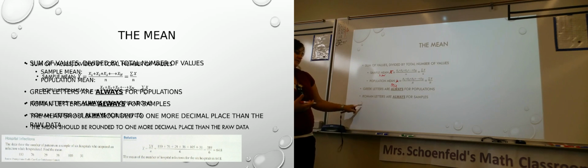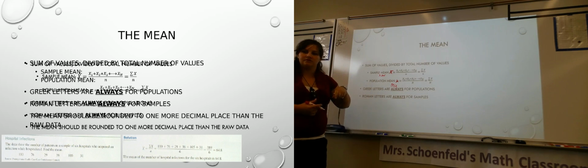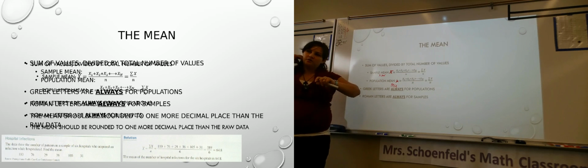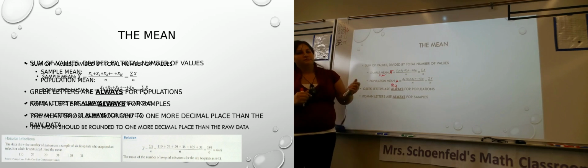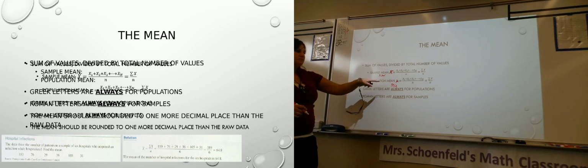Roman letters, our Roman alphabet, are for samples. Greek is for entire things. I don't know if you'll ever hear me say the population mean because mu is much shorter.